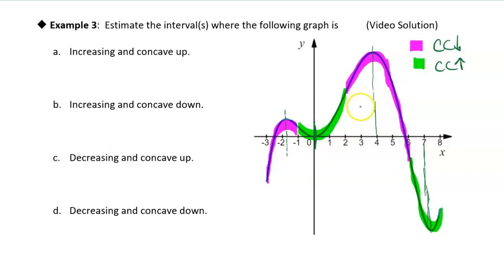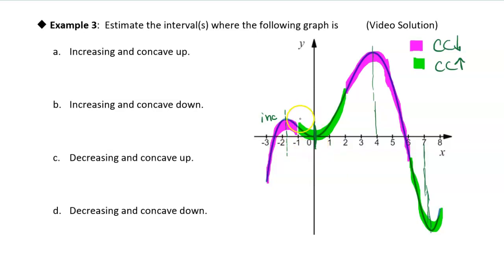So let's see if we can find first of all the intervals where it's increasing and concave up. It's increasing here from -3 to whatever that is, -1.8 or something.